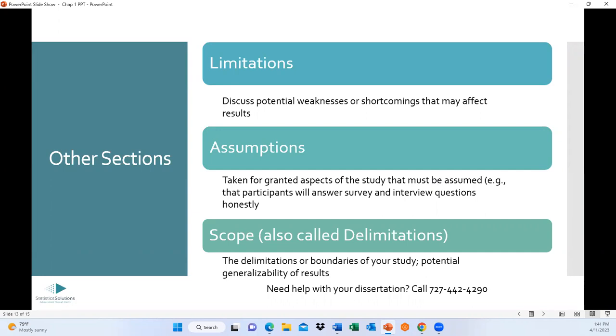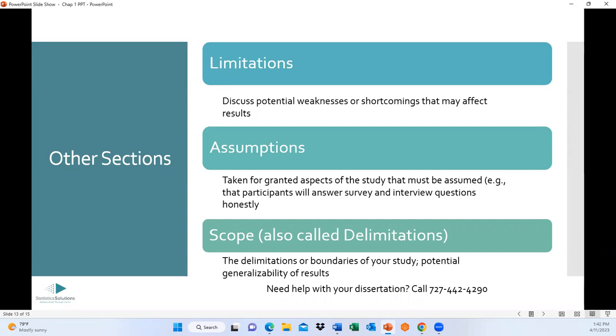So you just have to assume that. Now you can help ensure that they do by highlighting that their identities and their responses are going to remain anonymous and confidential. That helps ensure that they're going to answer honestly. But that's an assumption. That's a major assumption that you have to make, that you can put in this section.